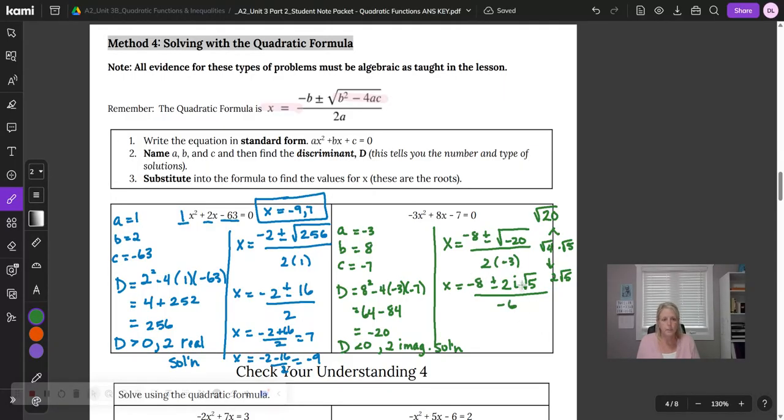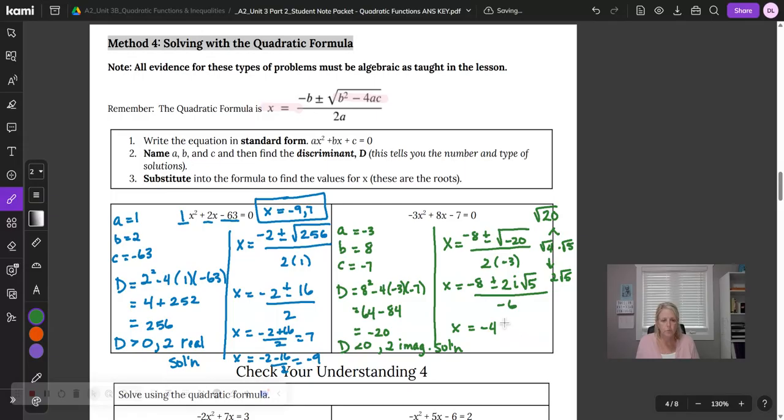Now because I have a complex number, all I have to do is look and see if I have any common factors in the numerator and denominator to simplify these. So 8 and 2 and 6 are all divisible by 2. So I'm just going to go ahead and divide them all by 2 and rewrite my answer.